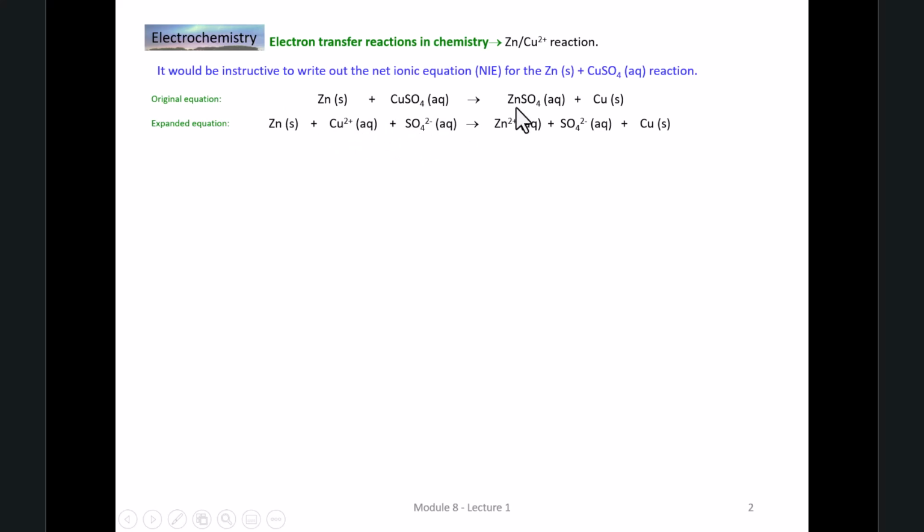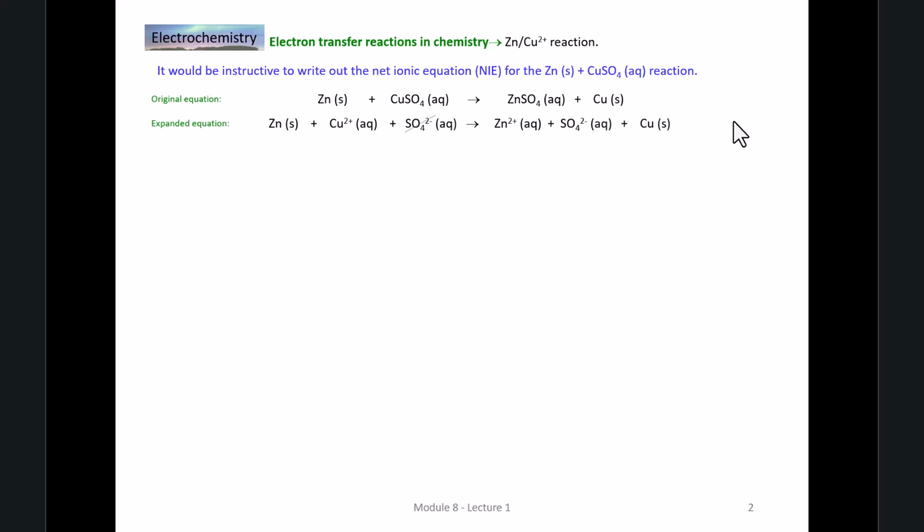And on the right, zinc sulfate aqueous really means zinc 2+ ions and sulfate ions separated in solution. This is where remembering what the ions are in that ion list that's available for reference during the quizzes would be helpful. In other words, you should be able to recognize that copper sulfate consists of copper 2+ ions and sulfate ions. That's a throwback to General Chemistry 1, where you learned how to name ionic compounds.